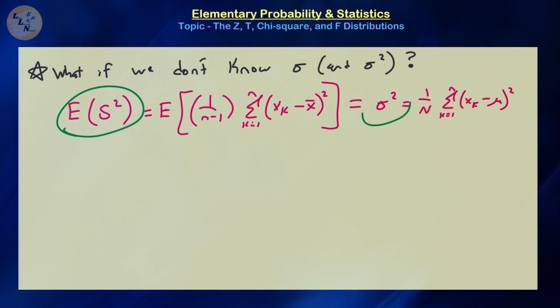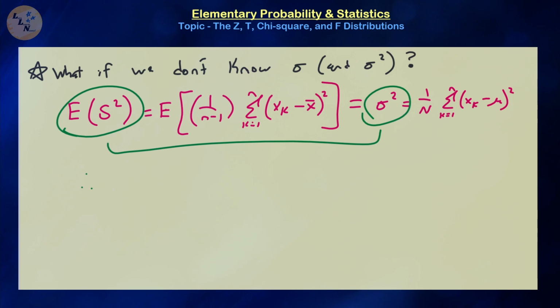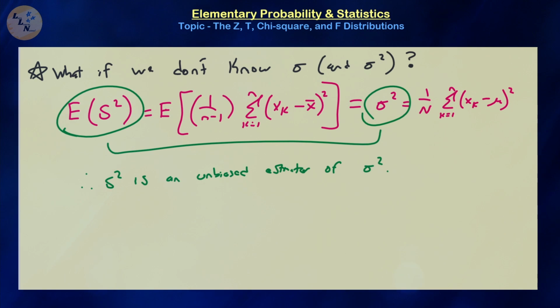So what does that exactly mean? That means that s squared is an unbiased estimator of sigma squared. Now, I want you to pay attention to one very important thing.